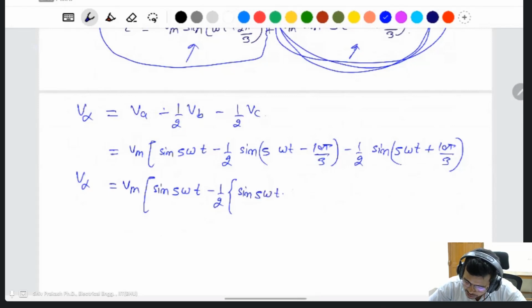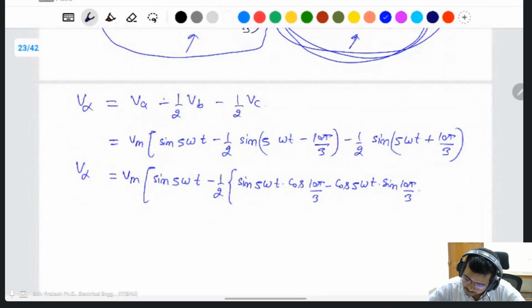5 omega t into cos 10 pi by 3 minus cos 5 omega t into sin 10 pi by 3, plus sin 5 omega t into cos 10 pi by 3 plus cos 5 omega t.